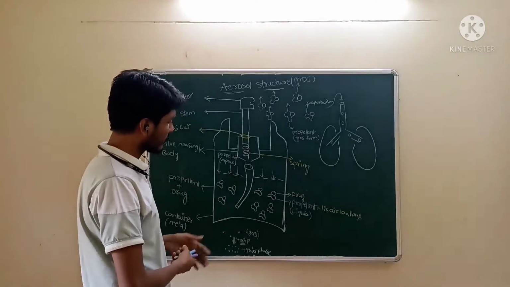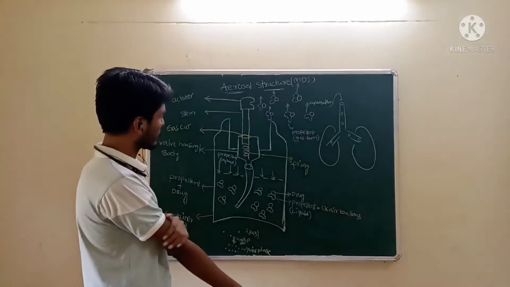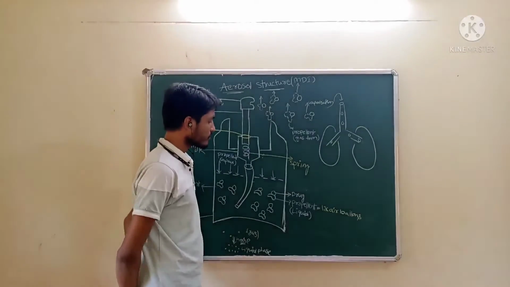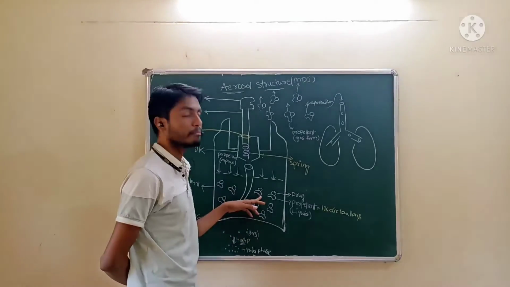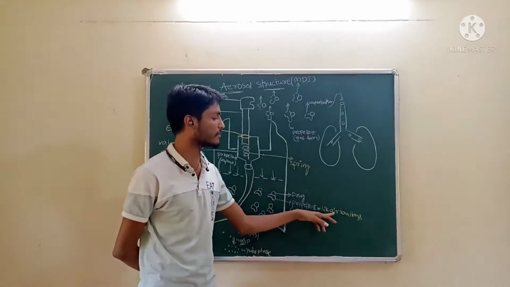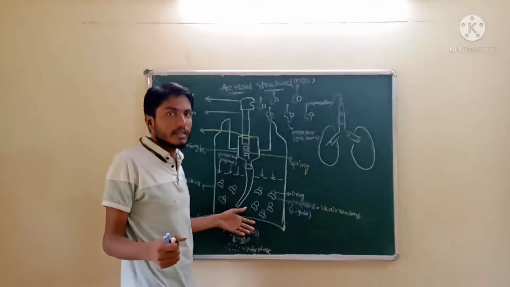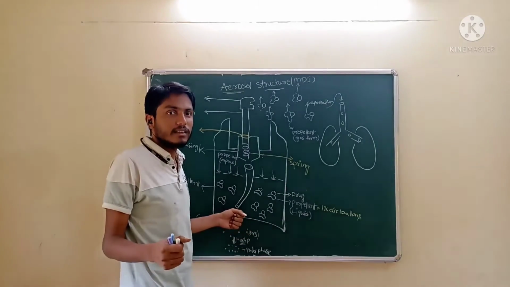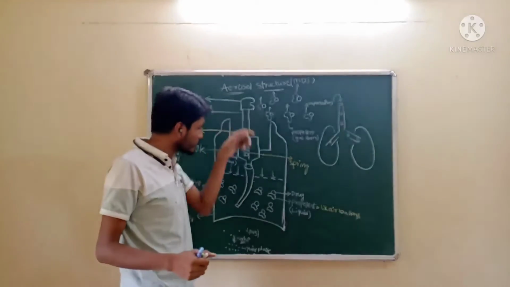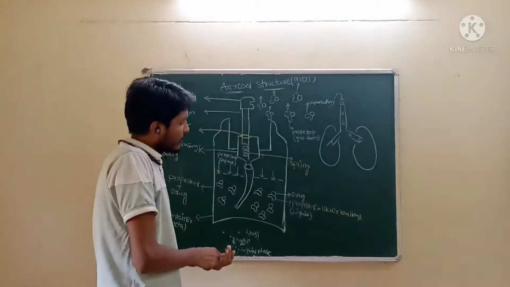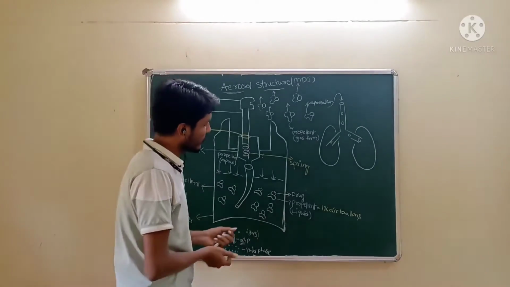So now we are discussing majorly the propellant. What is the mechanism of the propellant? See, the propellant is present like a balloon, like air balloons filled with gas. And what will these air balloons do?